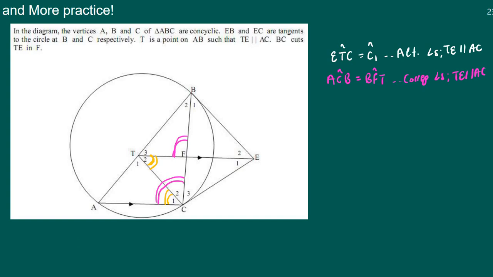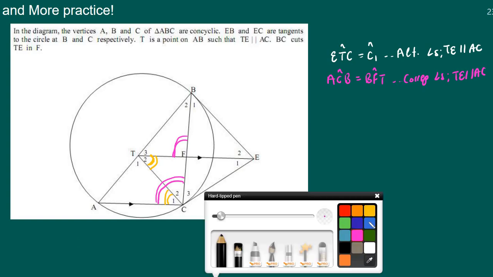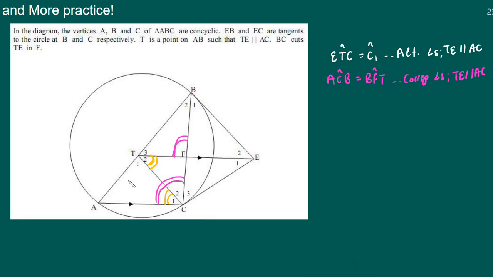Say I'm not sure, will I be wrong if I say EFC is equal to FCA? Wow, that's very much perfect, ma'am. They are still Z angles. Look at them.